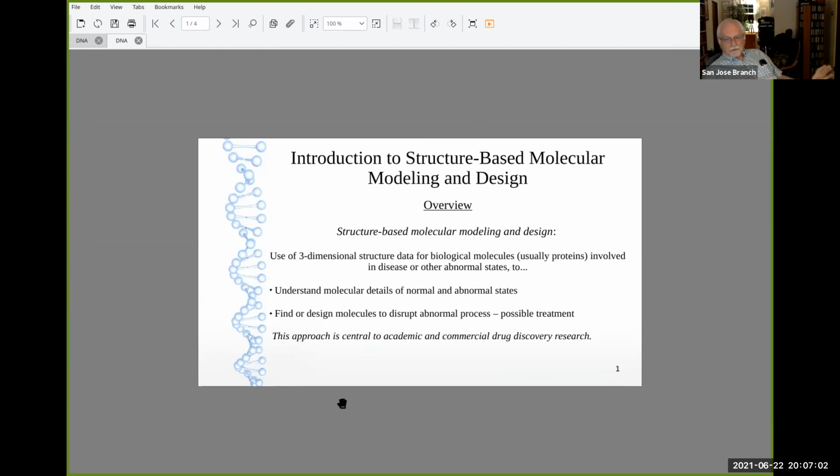So, you obviously can't start looking at the atomic detail of protein structures unless you really zoom out first and get a good overall picture of the overall shape of the protein, and then try to zoom in on the areas that you're interested in. So we'll look at some of the software that's available.